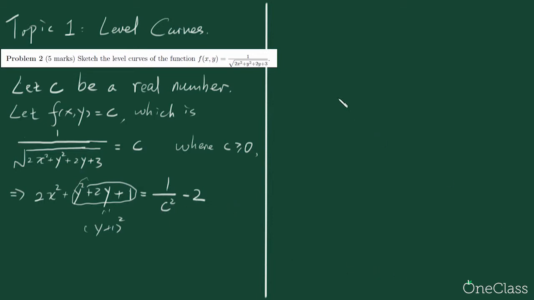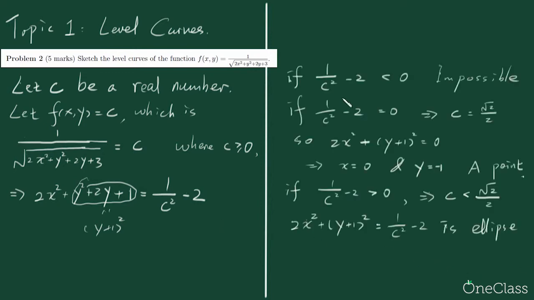So the next step, we need to talk about how these level curves look like. Therefore, we have three conditions. The first one, if 1 over c squared minus 2 is less than 0, this is not possible because the left-hand side of the equation is always bigger than or equal to 0.